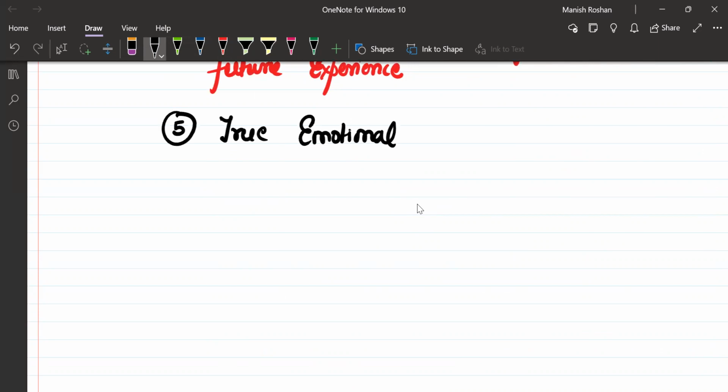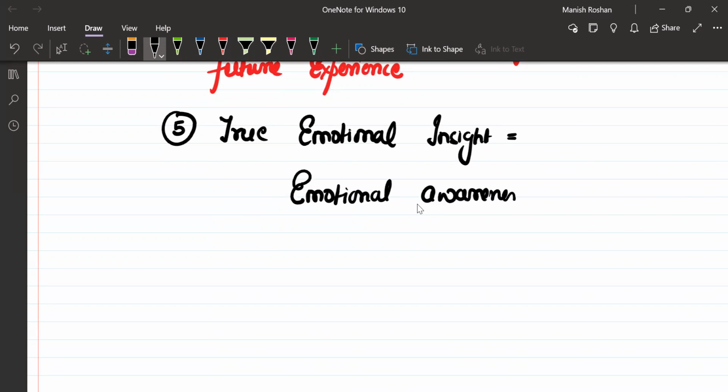This is the fifth one. So the true emotional insight, the definition says, is emotional awareness. Number 1, it is an emotional awareness of motives and of feelings.